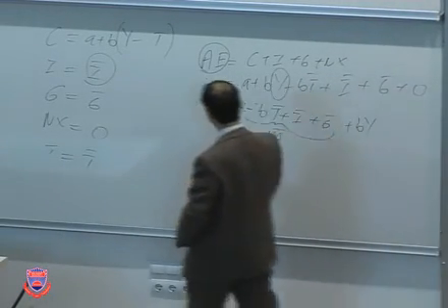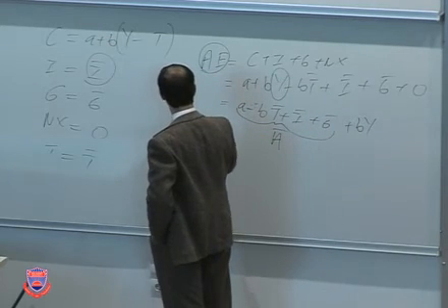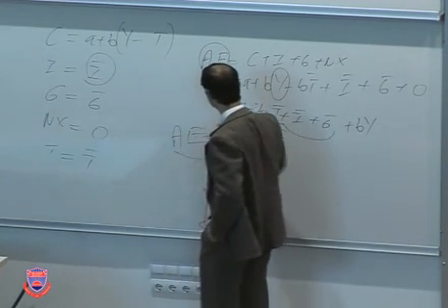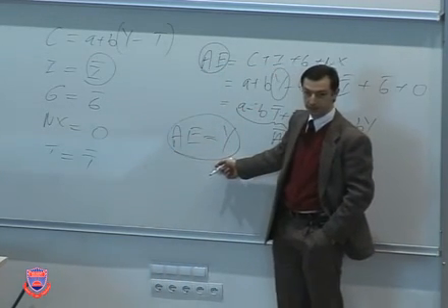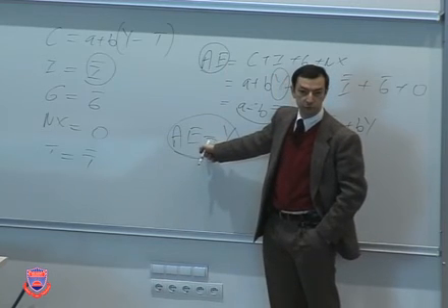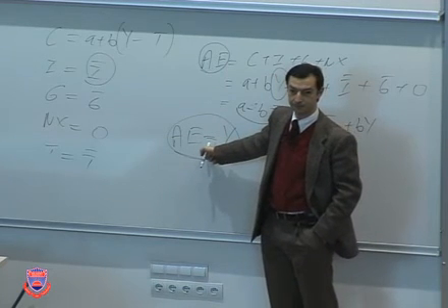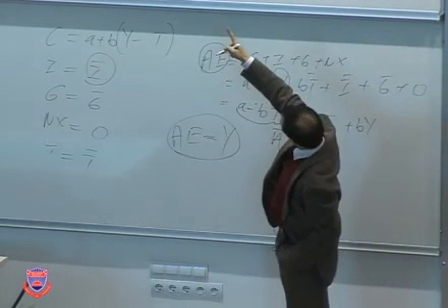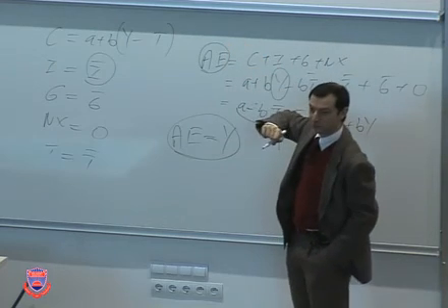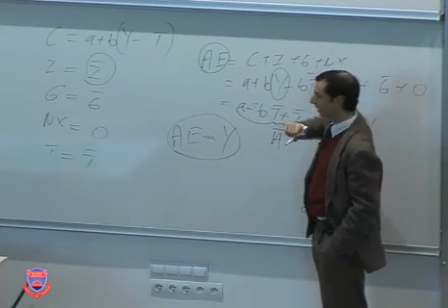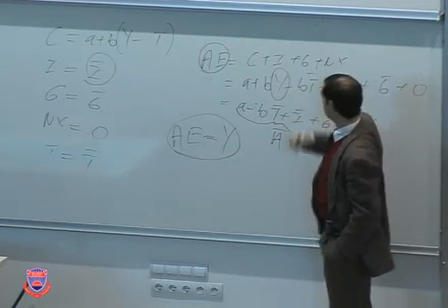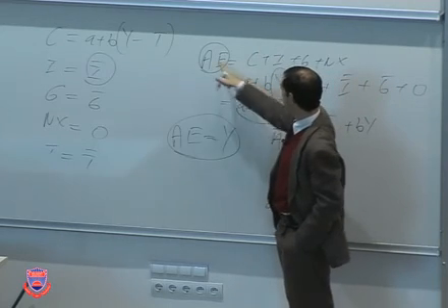Thus, I have to have this: aggregate expenditure equals y. This is the equilibrium condition. What is the graphical representation of this line? That's the 45-degree line. The intersection of those two lines is the simultaneous solution of these two equations.